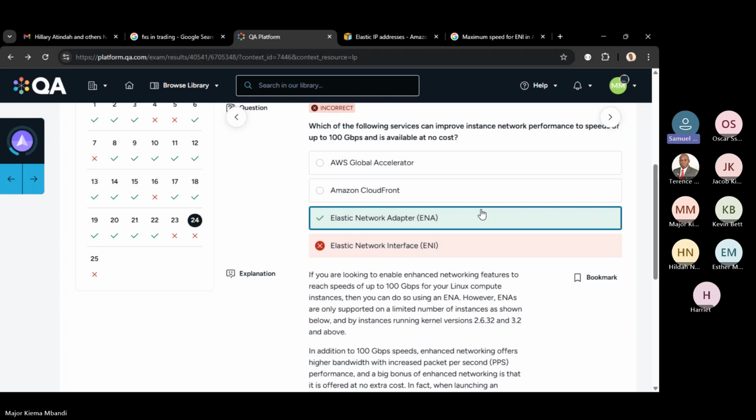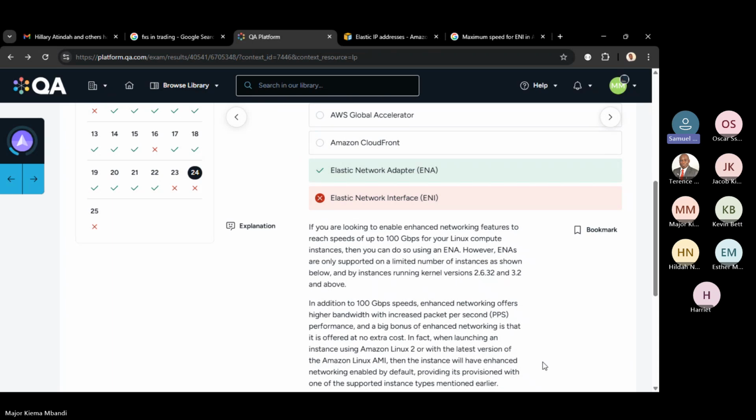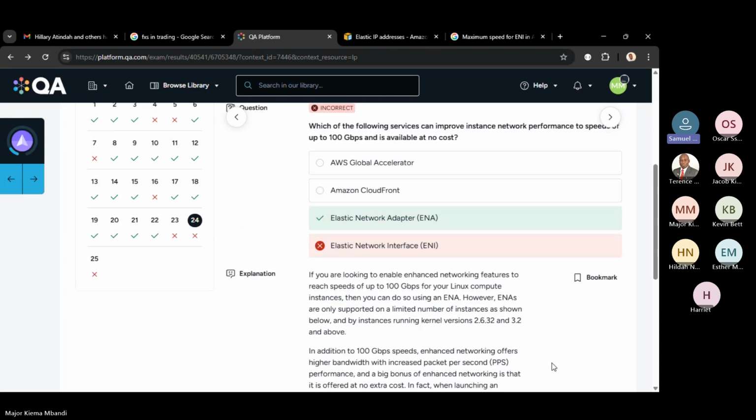Anytime you use the ENI, you must pay for it. Now it's saying up to 100, which is what I was looking at.